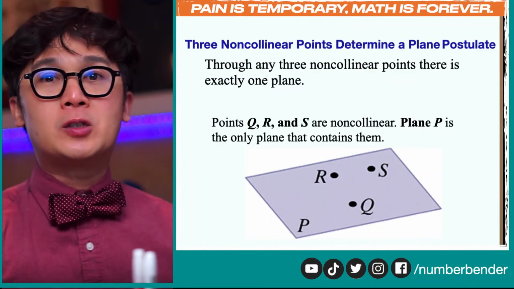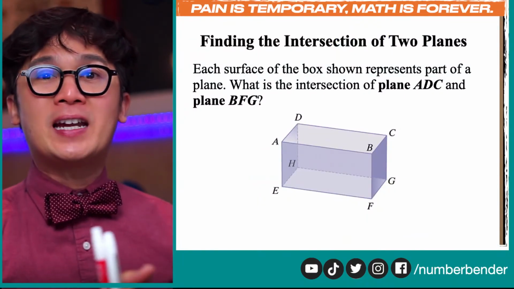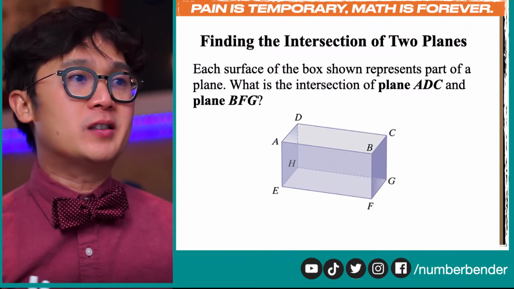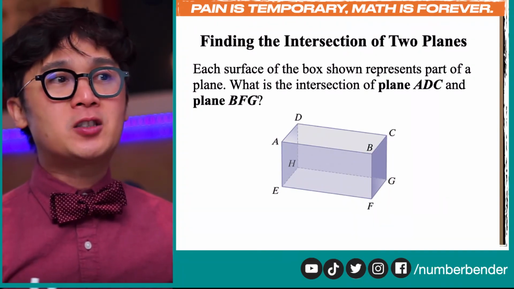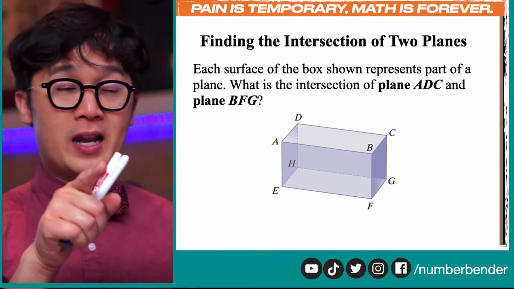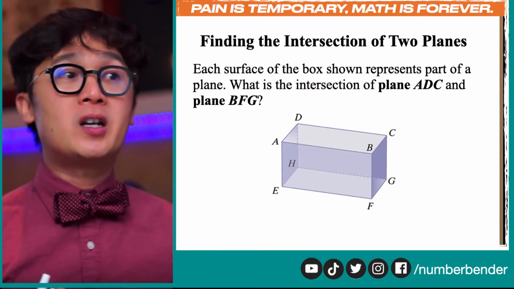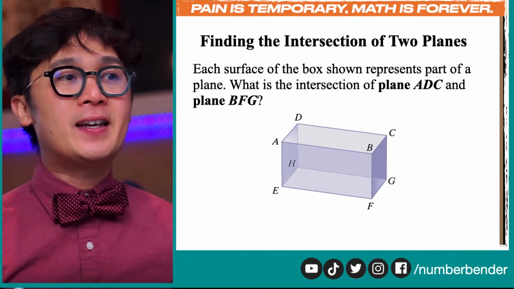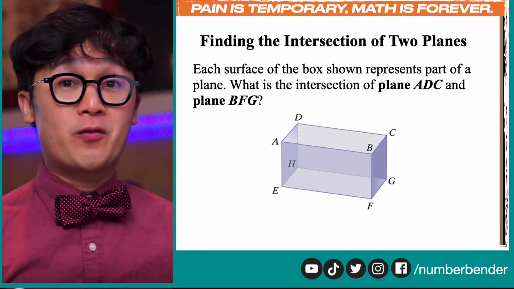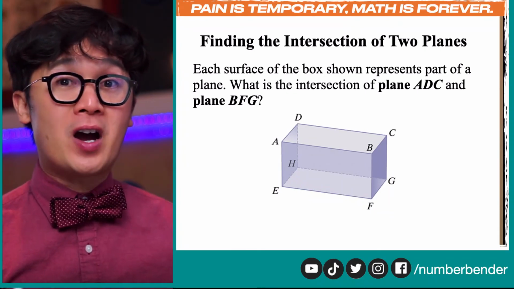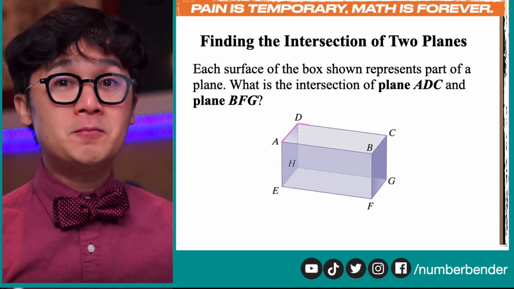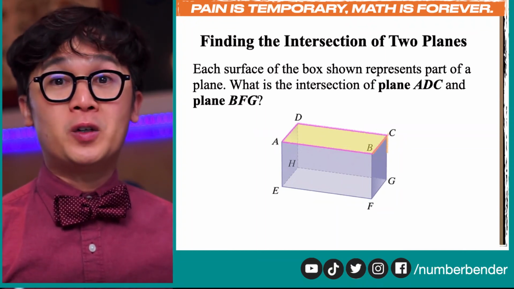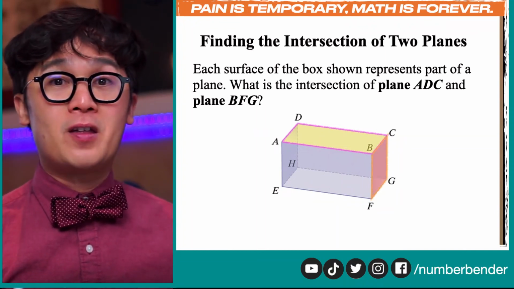So now that we have those postulates, let's see if we can identify what is being asked in this instruction. According to this, each surface of the box shown, like what we are seeing, represents part of a plane. What is the intersection of plane ADC and plane BFG? The first thing that we need to do is to identify plane ADC, which is denoted by this plane, and plane BFG, which is on this side of the box.